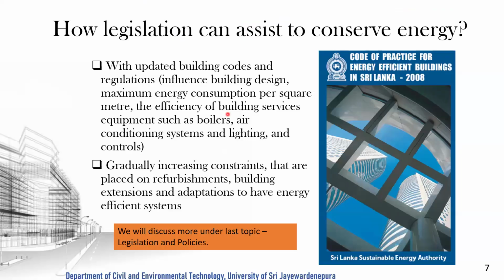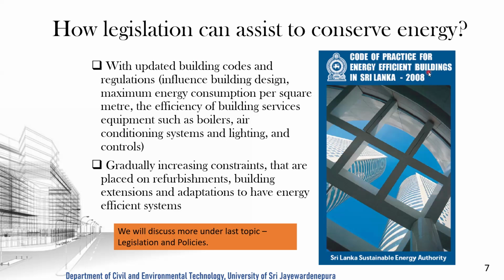Another mechanism to achieve energy efficiency or good energy management is legislation. It means laws and regulations. One commonly used mechanism is a code of practice for energy efficient buildings.